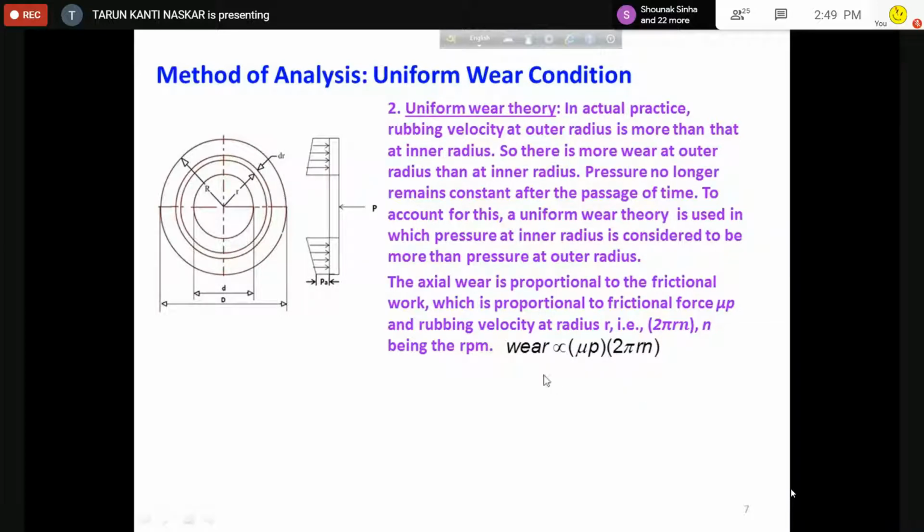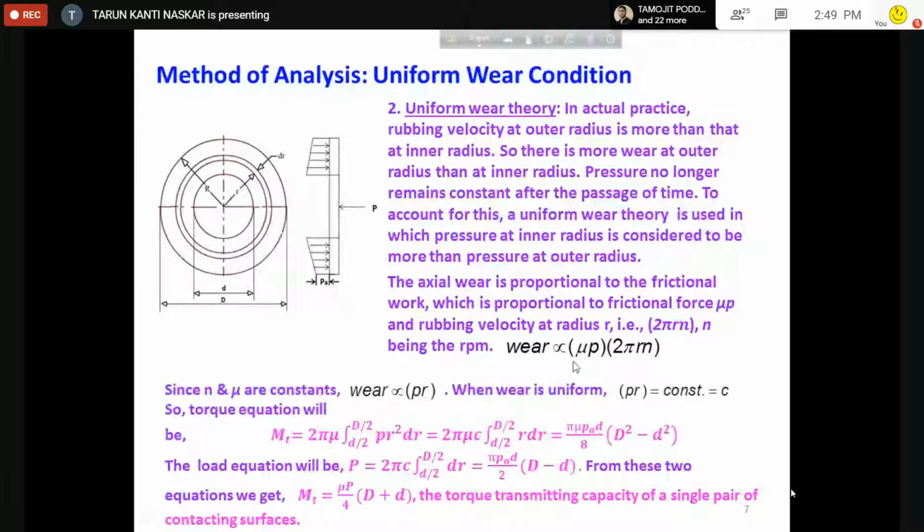Now for this equation, n and mu are constant. N is the RPM and mu is the coefficient of friction. So wear is proportional to pr. Now when wear is uniform, pr will be equal to constant.